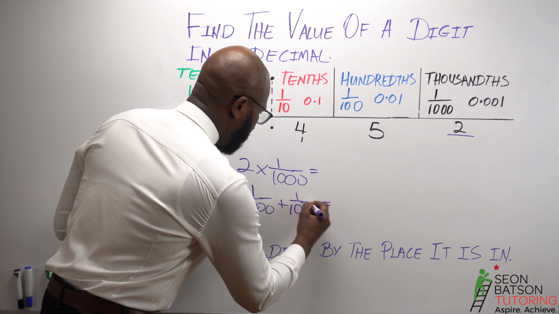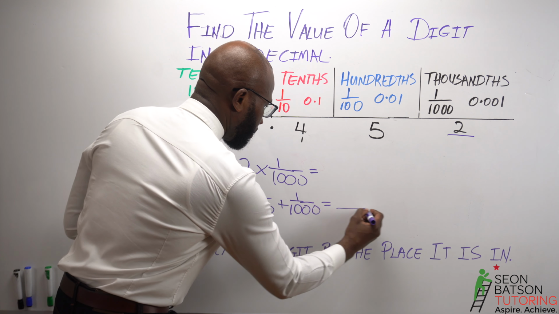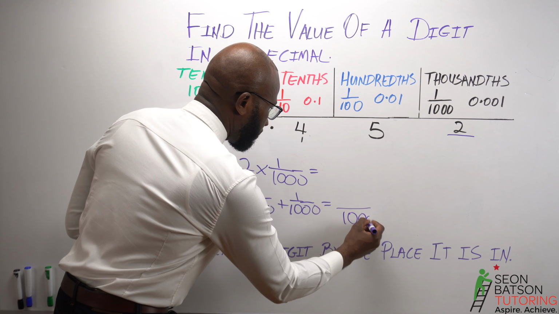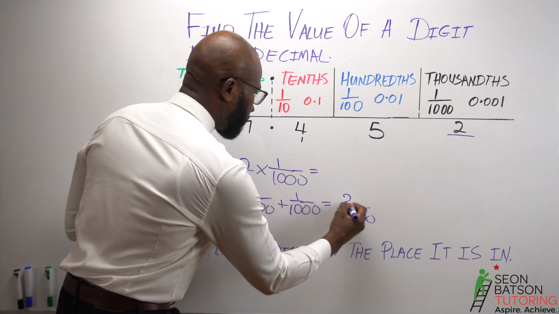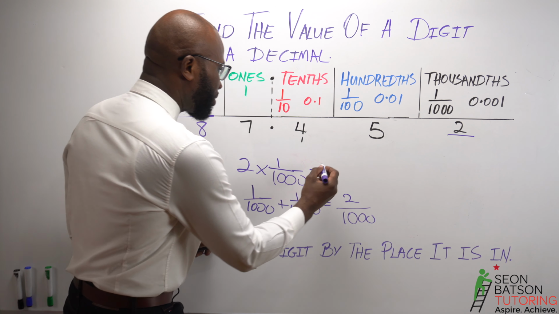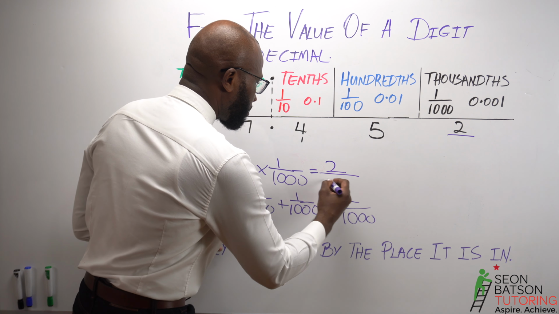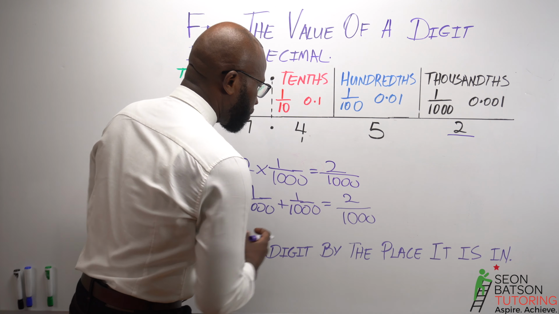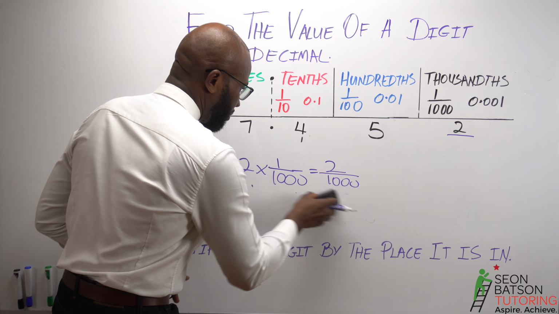And if we add here, the denominator always stays the same, and 1 plus 1 is 2. So as a fraction, the value of this 2 is 2/1,000 or 2 over 1,000.